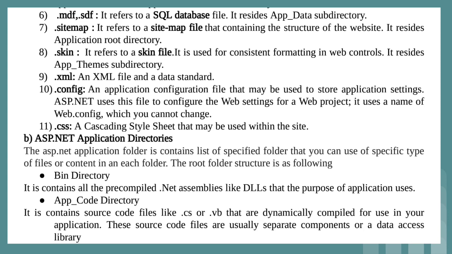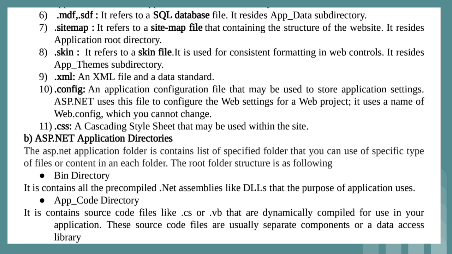The first topic is ASP.NET files, and the second is ASP.NET application directories. Now in the files section we have seen that this particular file is stored inside the App_Theme folder, the application root folder, the bin folder. These are nothing but the folders which are available in ASP.NET.